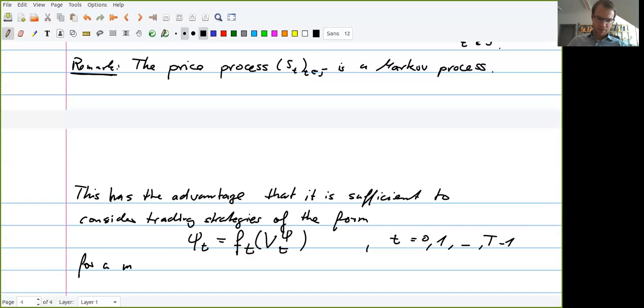And to make everything well defined, we need to have at least a measurable function which takes the capital and splits out the positions. This f_t is here called the decision rule.